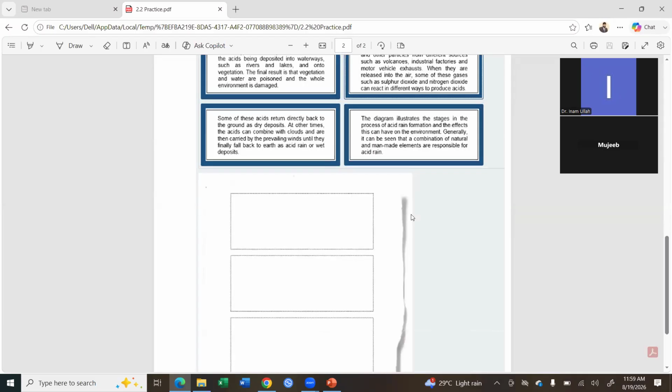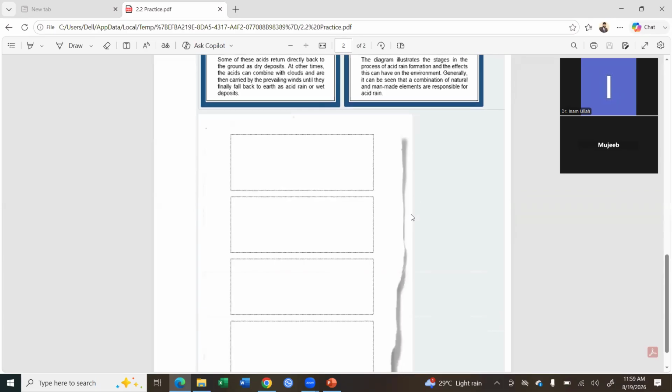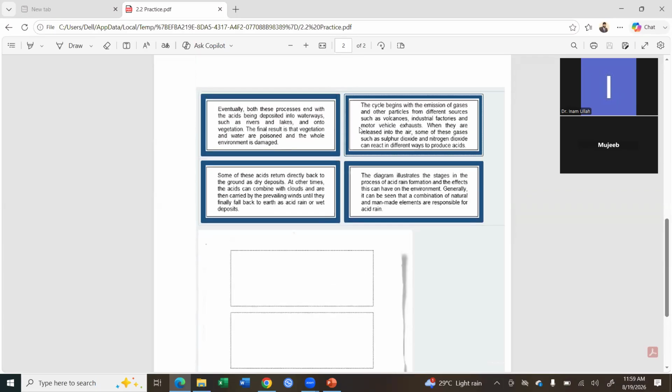Now we have all these four slots, and if we talk about the cycle discussed above in the diagram, you should choose the paragraph order, the way all the information is grouped in these paragraphs. What you need to do is put them in the right order.